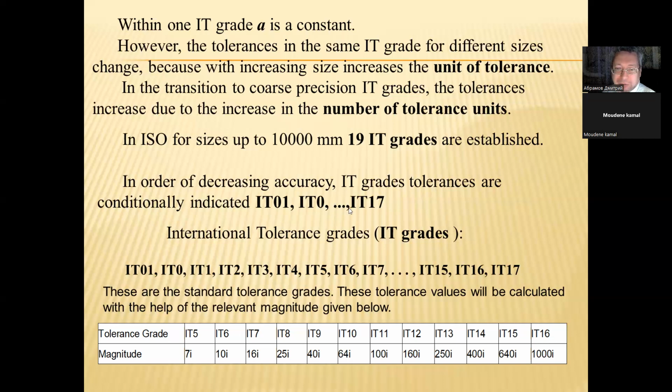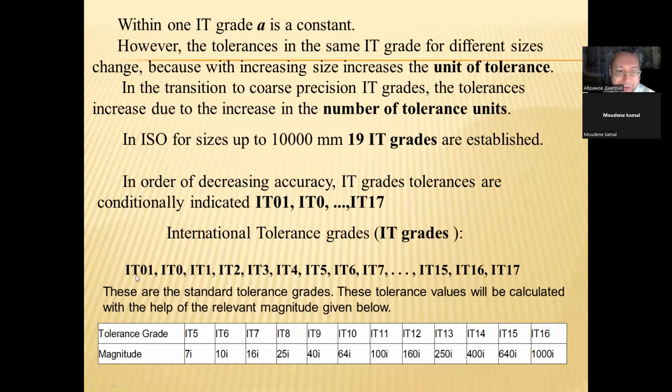From IT1 to IT17, it's 17 IT grades, plus 1, 18, and 19 IT grades. In sum, we have 19 IT grades: IT01, IT0, up to IT17. IT grades means international tolerance grades.